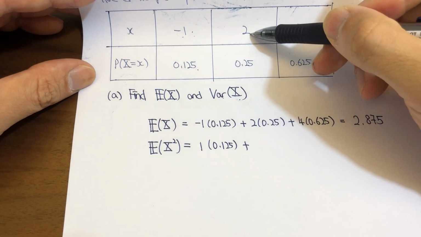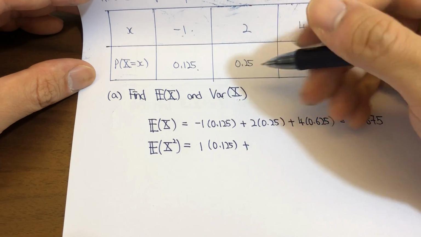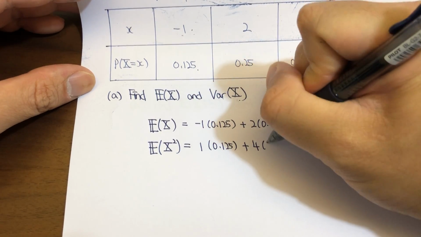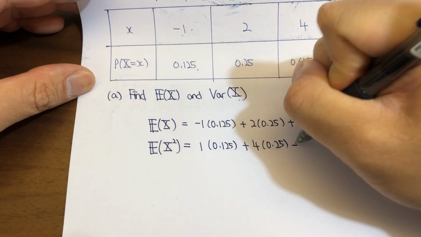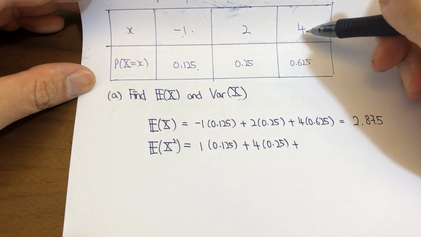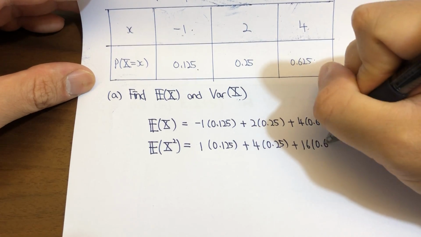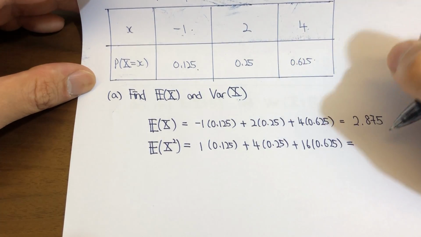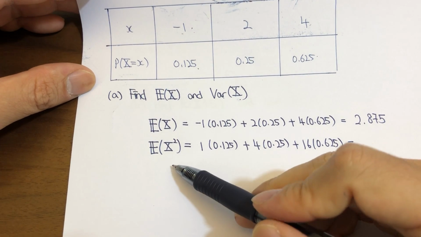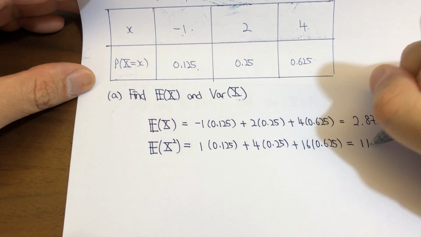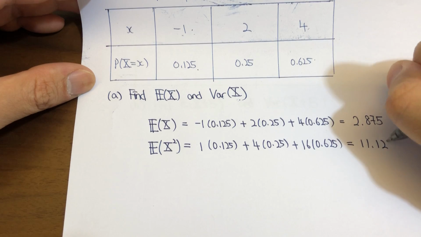When x is 2, x squared will become 4, so we have 4 times 0.25. When x is 4, x squared becomes 16, so we have 16 times 0.625. And therefore, the expected value of x squared is 11.125.